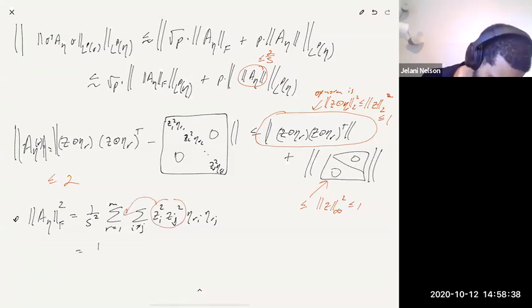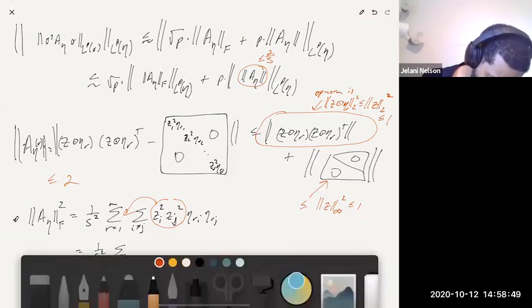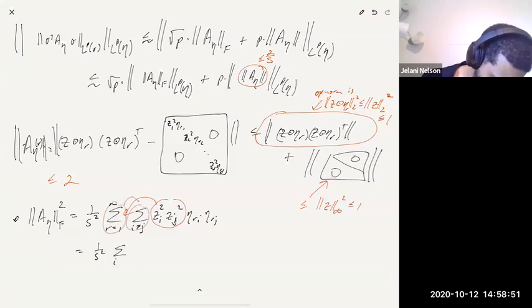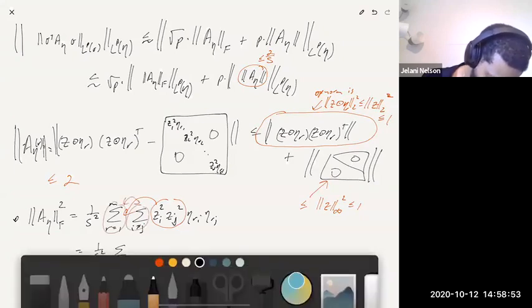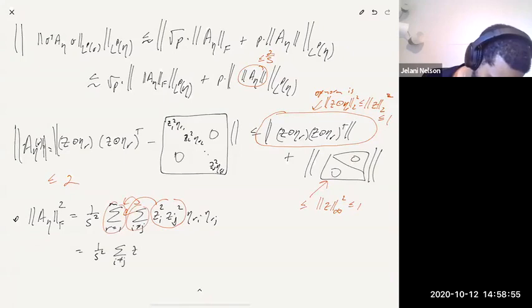So this is 1 over s squared, sum over i not equal to j. Let's also reverse the order of summation. So sum over i not equal to j of z_i squared, z_j squared, and then a sum over r from 1 to m of eta ri, eta rj.